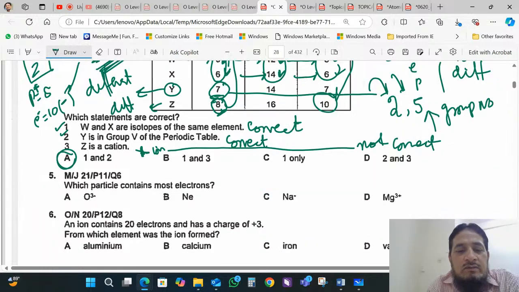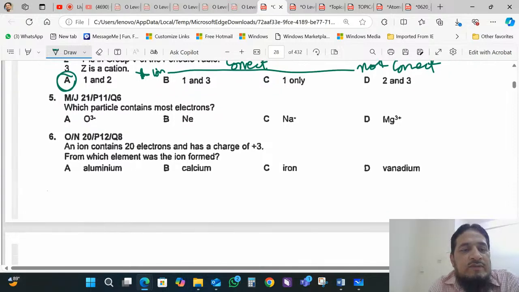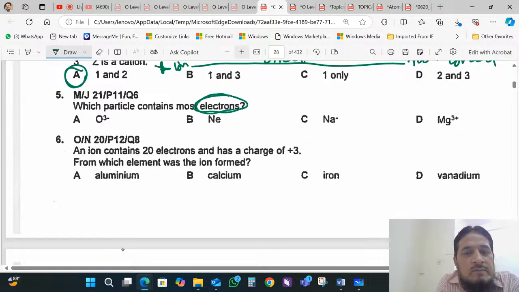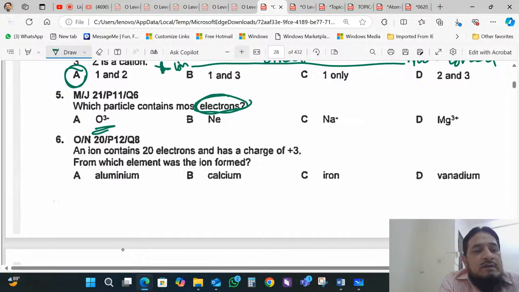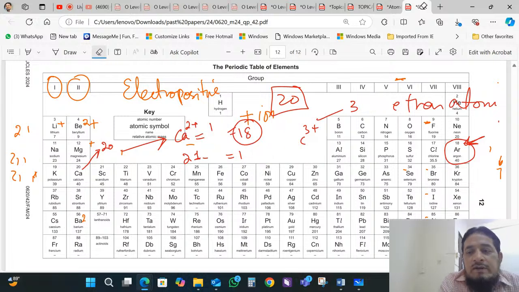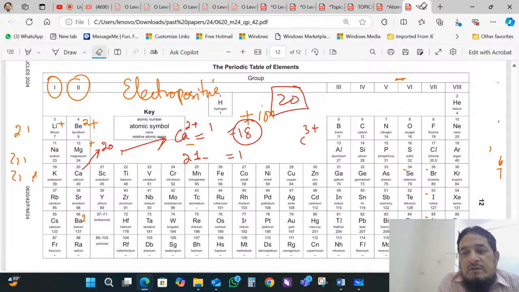Okay, one more question, then we will be moving on. Which particle contains the most electrons? This is O3 minus he has written now. So what you will do, you will go to the periodic table and see where oxygen is.